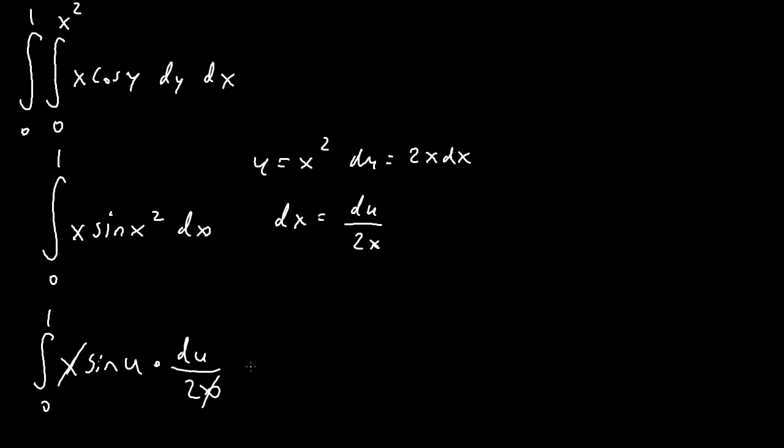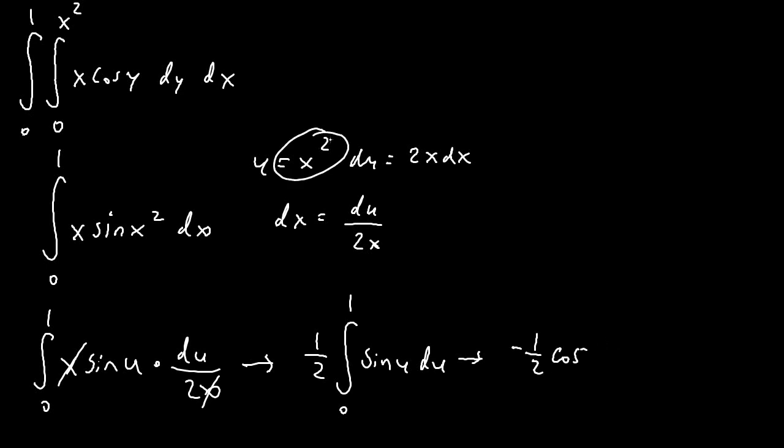1/2 can come outside the integral as a constant, so 1/2 times the integral of sine of u du. The integral of sine of u is negative cosine of u, so we get negative 1/2 cosine of u. Now I can go ahead and replace x squared back in for u. Let's go ahead and evaluate that from the x bounds of 0 to 1.